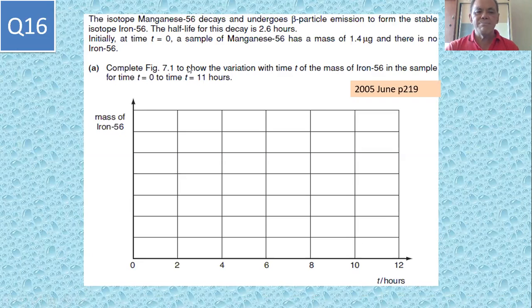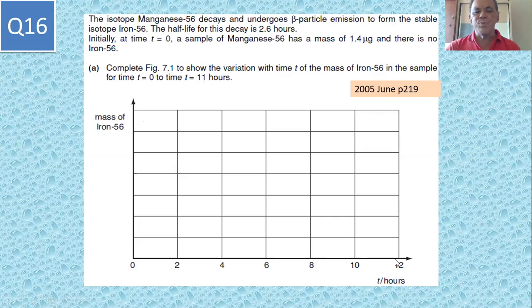Figure 7.1 shows the variation with time of the mass of iron in the sample for time t equals 0 to 11 hours. So they want you to sketch until 11 hours.